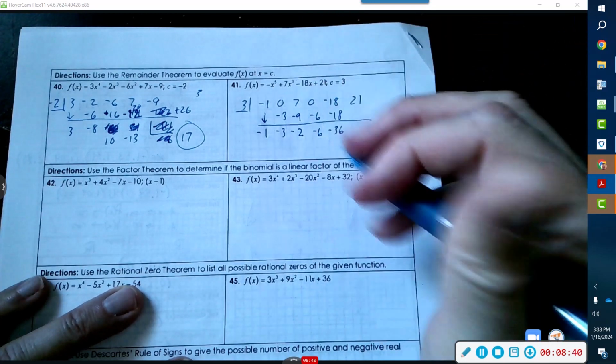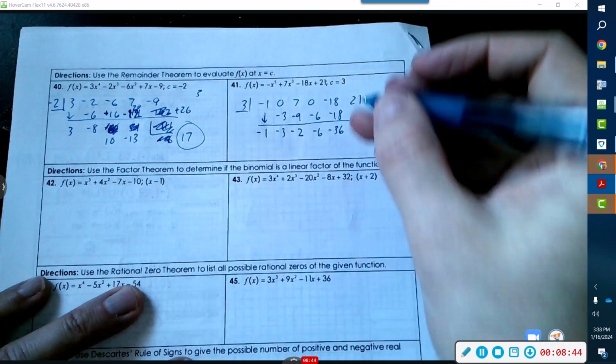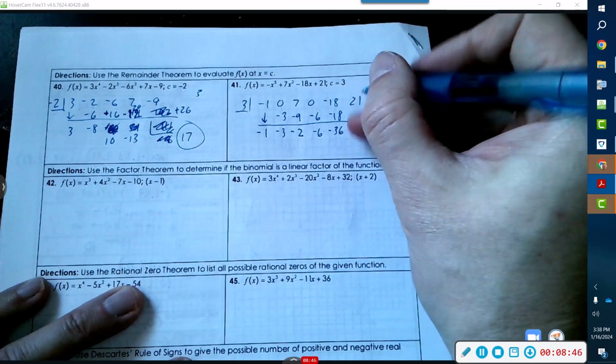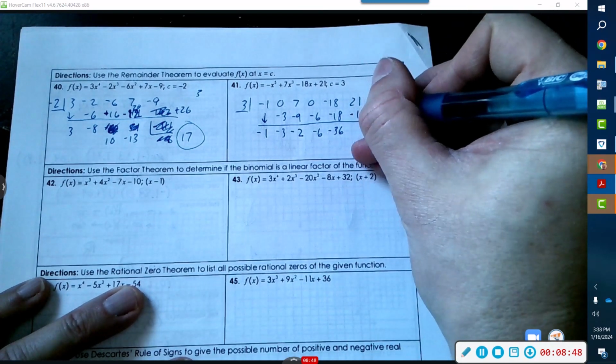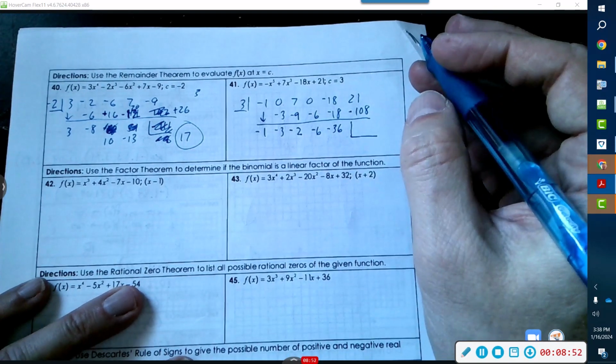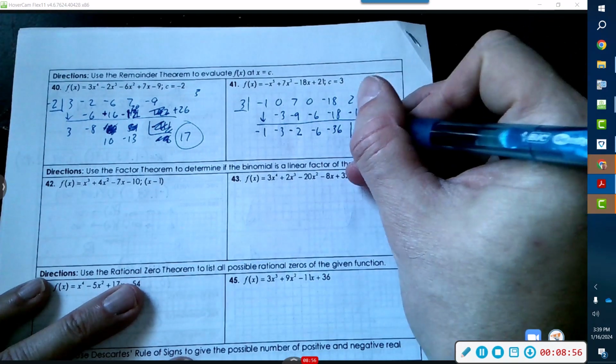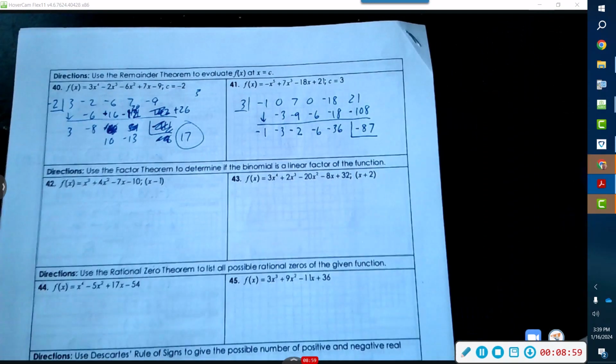And negative 36 times 3, that would be 18, carry the 1, that would be negative 108. And then adding those two together, so you take away 8 from here to be 7, I'm getting negative 87. Okay, yep. All right, negative 87.